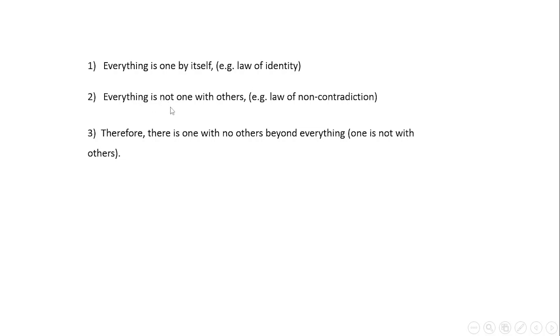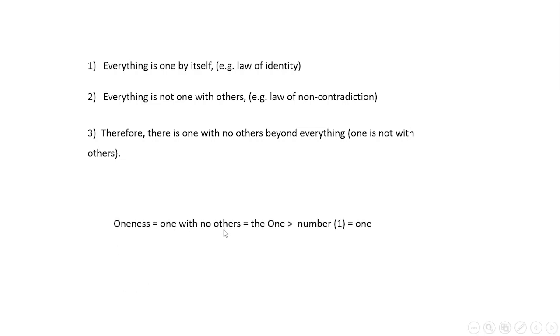It's a collection or multiplicity. And the conclusion is that therefore there is one with no others beyond everything, or one is not with others. This one with no others is the same as what we mentioned as oneness, or divine reality behind everything.